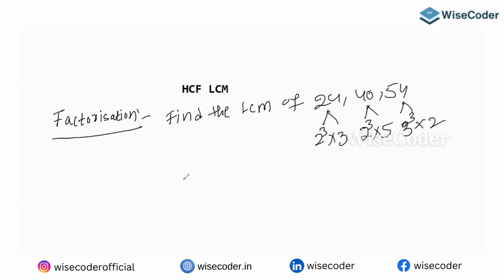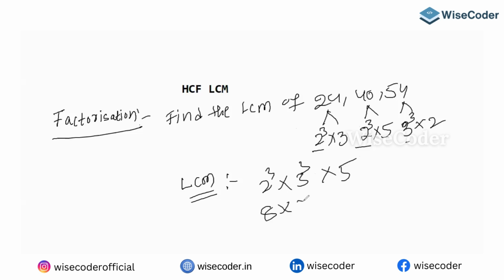Whenever you want LCM, since we are looking for a multiple, we have to take the highest power of each prime present in the above. 2 is present: what is the highest power of 2? 2 cube. The highest power of 3? 3 cube. The highest power of 5? 5.